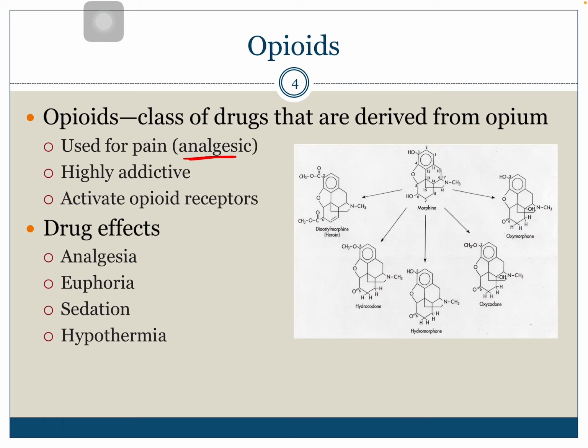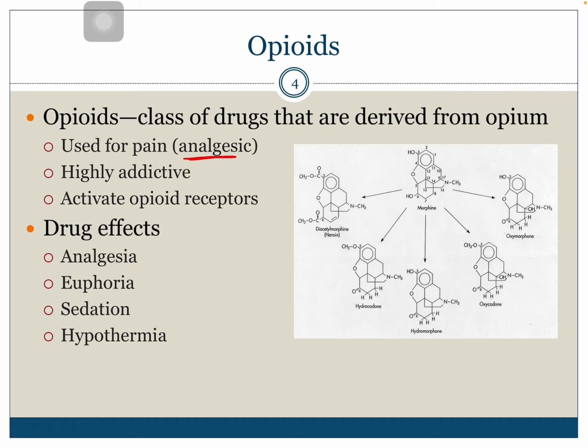We know that there are a lot of effects that opioids can have on the body and the brain. Analgesic, of course, analgesia is pain, and so it helps to relieve pain at the level of the brain. It's also shown to give people euphoria or a sense of high and happiness. It can also be used as a sedative, because sedation is one of the effects.